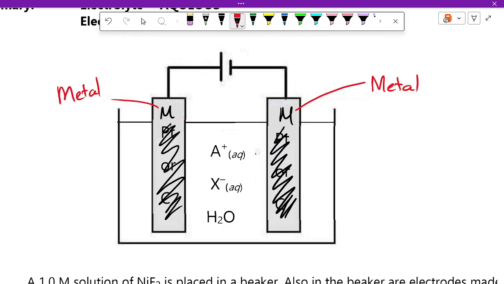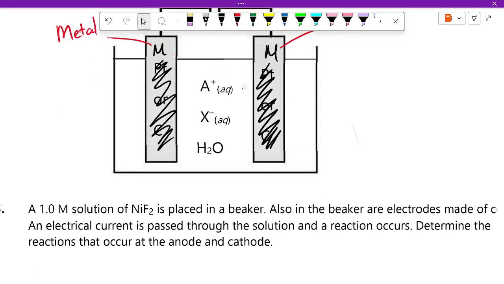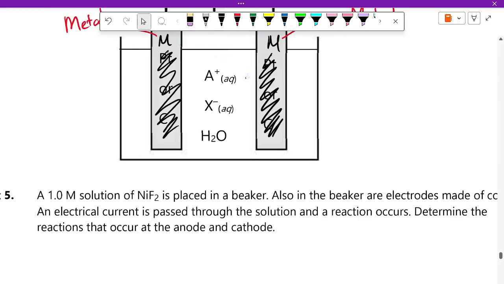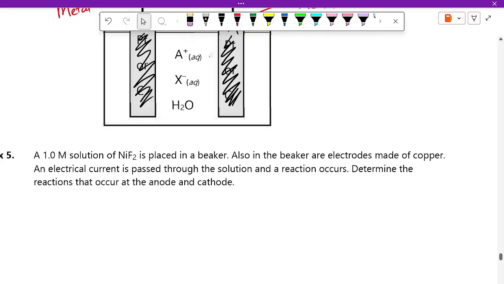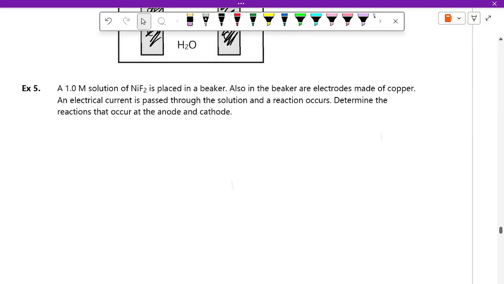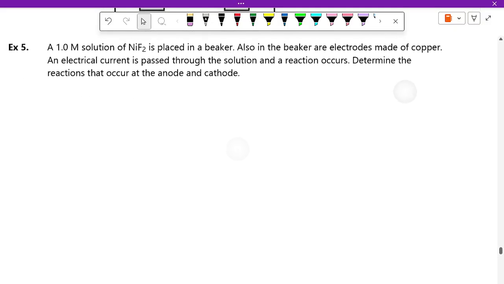So, for example, a 1 molar solution of nickel fluoride is placed in a beaker. Also in the beaker are electrodes made of copper. An electrical current is passed through the solution and a reaction occurs. Determine the reactions at the anode and the cathode.